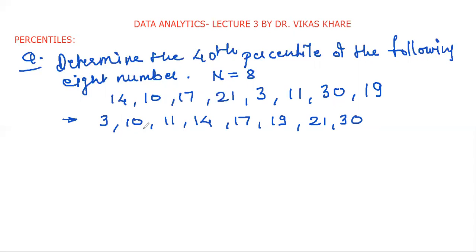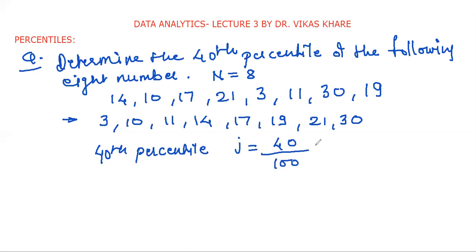So according to the given condition, for the 40th percentile, J is equal to 40 divided by 100 into capital N, which is 8. So 320 divided by 100 is equal to 3.2. Just 3.2 is not a whole number.